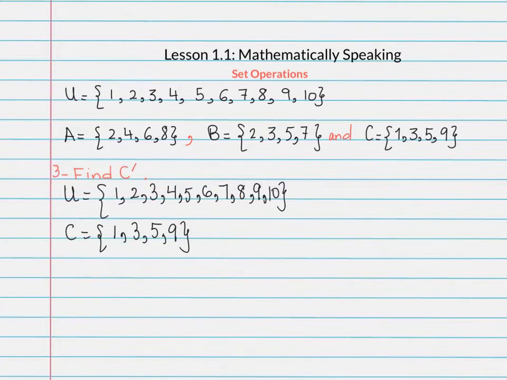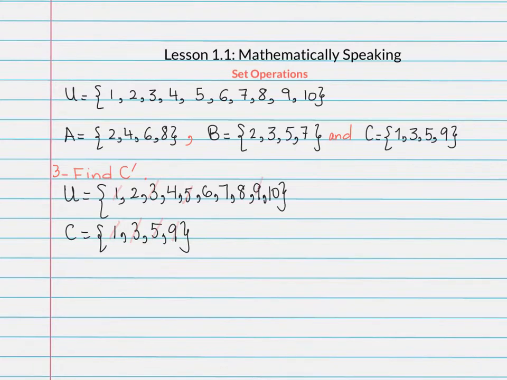Example 3, find C prime. C prime is the complement of C. So what do we list? We list again the universal set and the set C. We cross out the elements that are found in both U and C. They're 1, 3, 5, and 9.